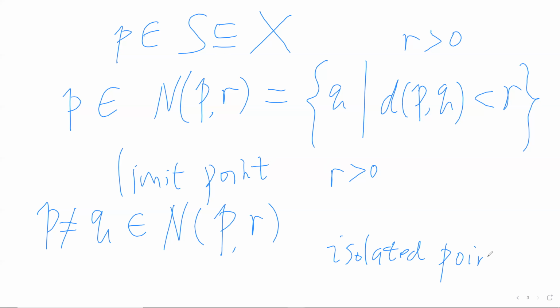For any element in a set S, any point should be either a limit point or an isolated point, because if it is not a limit point, it is by definition an isolated point.